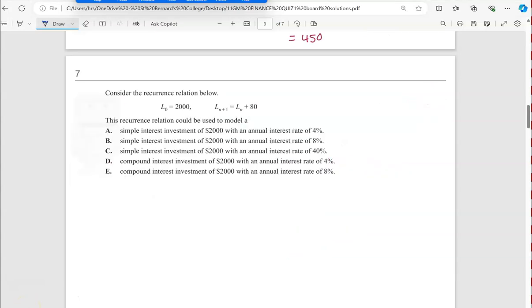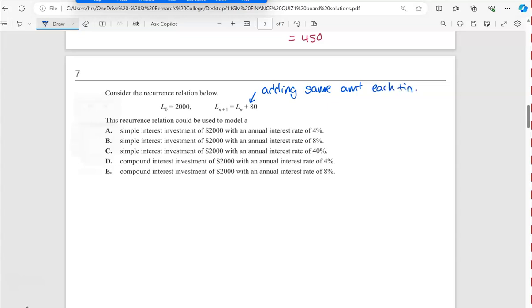Okay, so it says consider the recurrence relation below. The recurrence relation could be used to model. So when it's like we're adding the same amount each time, which one in our formulas has that each time? Yep, simple interest.